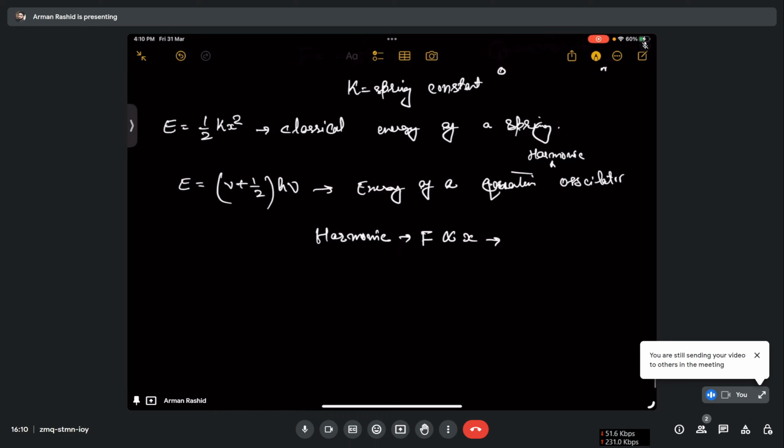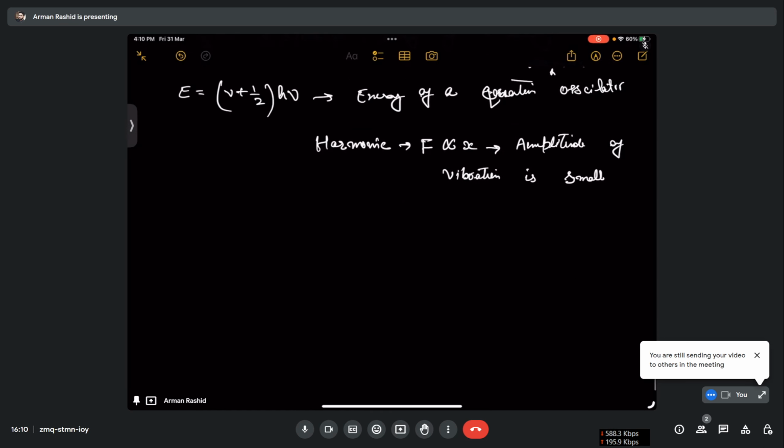That is only possible when the amplitude of vibration is small. For example, we have a pendulum moving along this direction and that direction, or we can have a spring with displacement x on either side. So this is a harmonic oscillator.